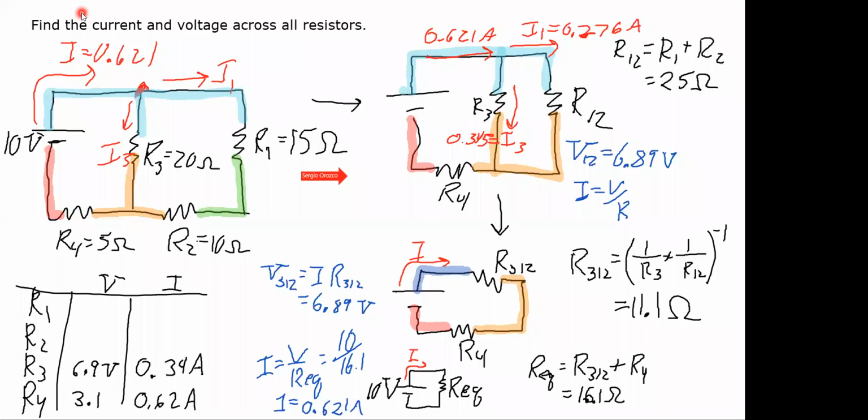Okay, so I can fill up my table. I'll put 0.28 amps for my R1, and R2 is in series with R1, so that's also going to have the same current.